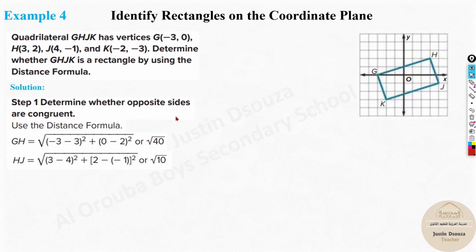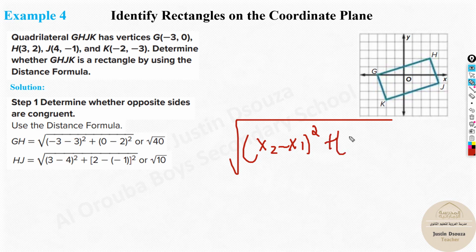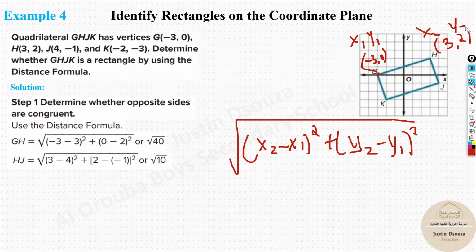So first of all, how do you do this distance formula? I'll write the distance formula here. It's the square root of x2 minus x1 the whole square plus y2 minus y1 the whole square. All you're doing is seeing this point. G is given already, but you can count: minus 1, 2, 3, so minus 3, comma 0. And H is 1, 2, 3, so 3, comma 2. So for G and H, it will be x1, y1, x2, y2.